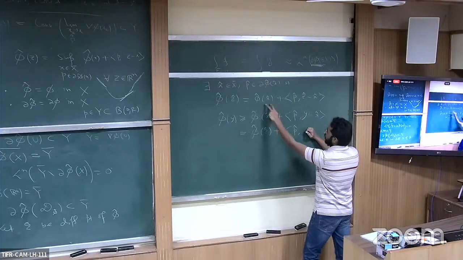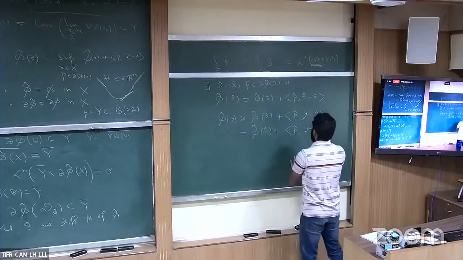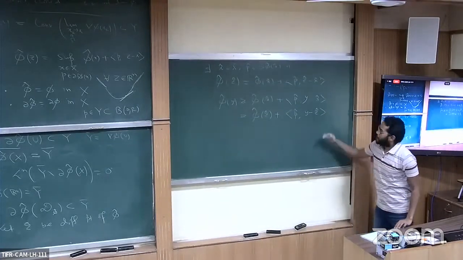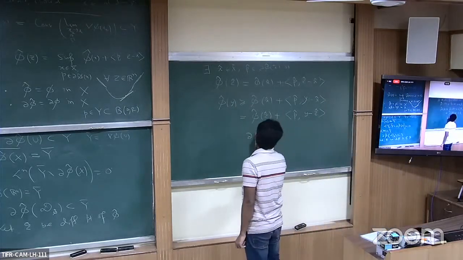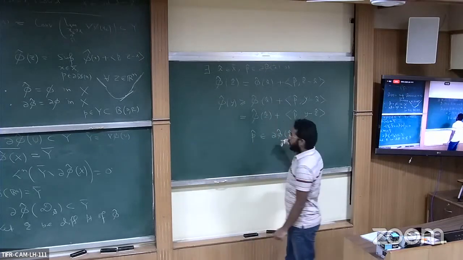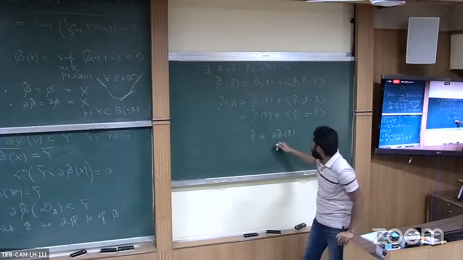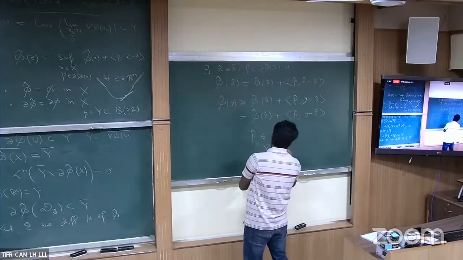It will be minus, right? I'm replacing y minus x hat, right? Yeah. Thank you. So this tells you that the subdifferential p hat belongs to the subdifferential of phi hat at z hat. Now this is a differentiability point, right? So this is actually equal to the gradient of phi hat at z hat.